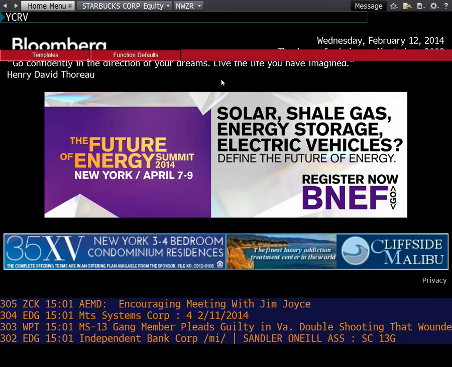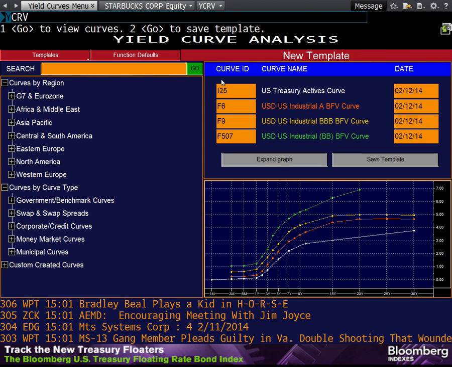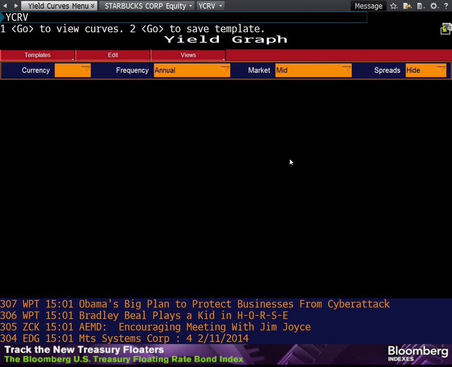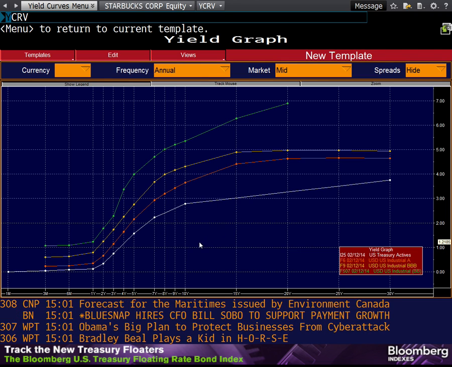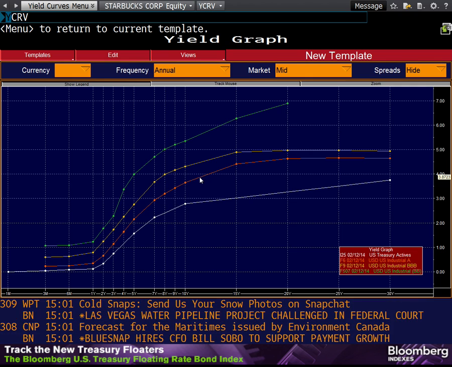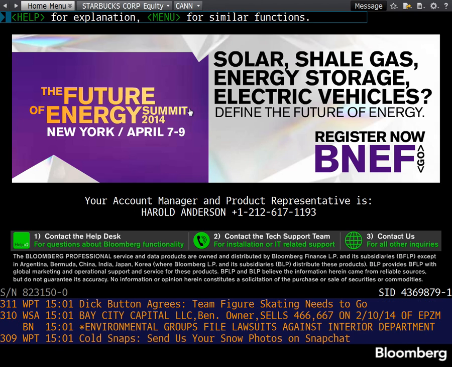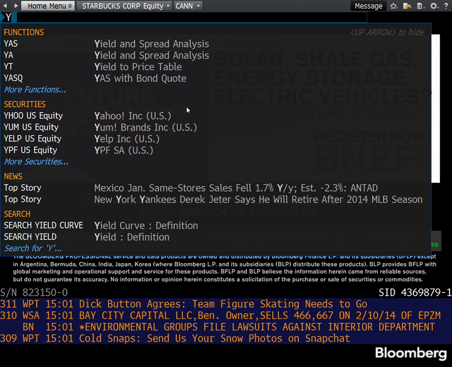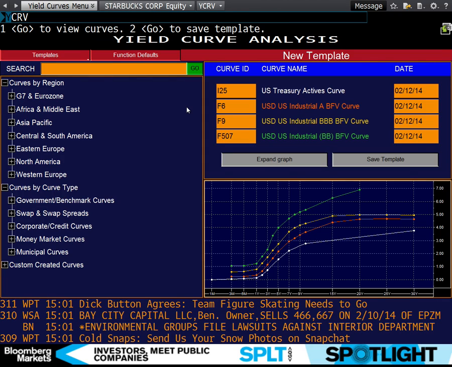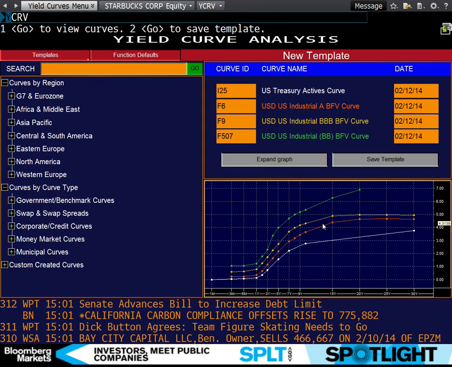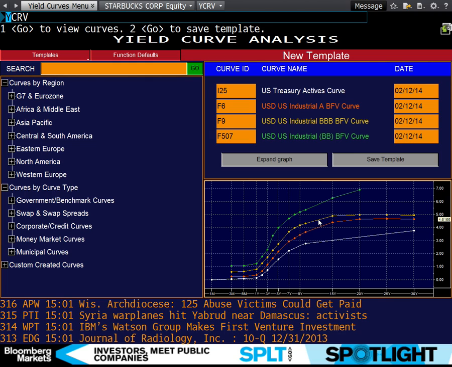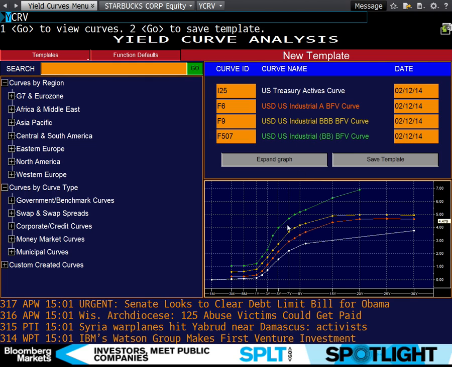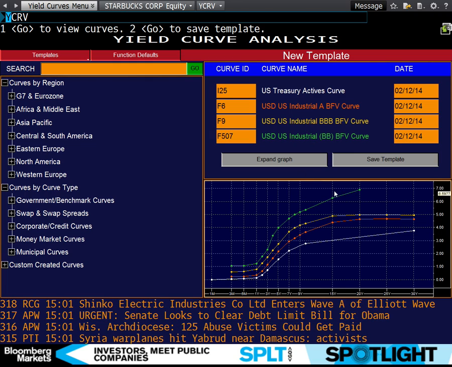As of today, this is the Treasury yield curve on U.S. government treasuries. This is the white line. This line right here is the yield on single A rated debt. This line right here is the yield on triple B rated debt. This line right here is the yield on double B rated debt for U.S. companies.